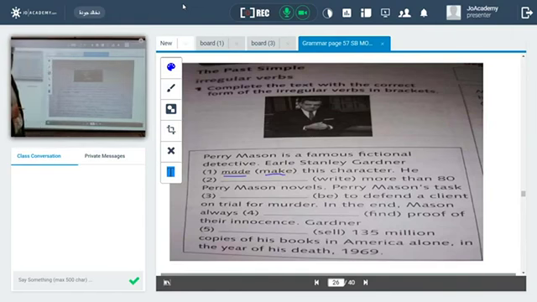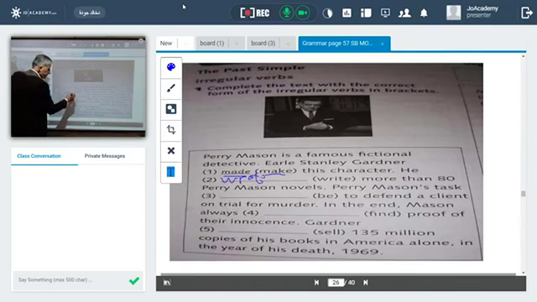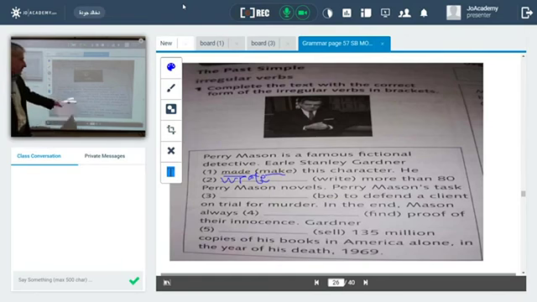We need to make it past, so it becomes what? It becomes wrote. He wrote more than 80 Perry Mason novels. He wrote novels, riwayat.